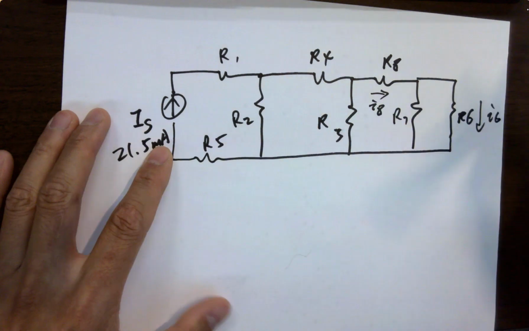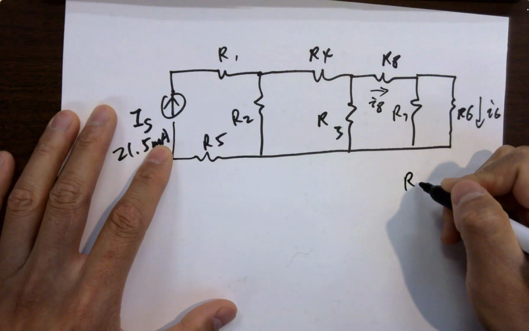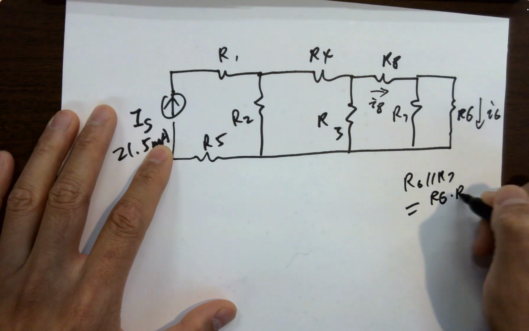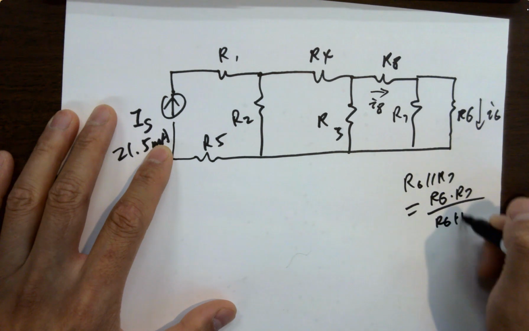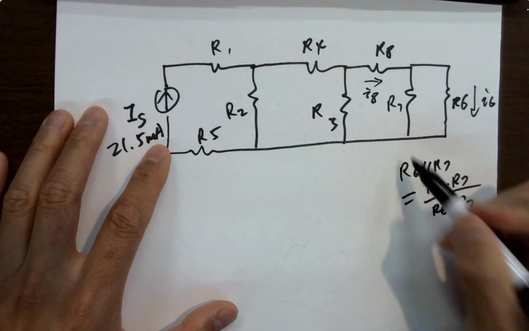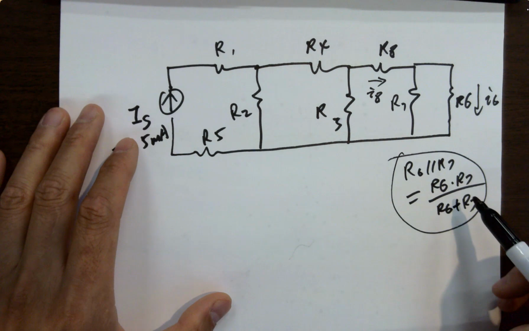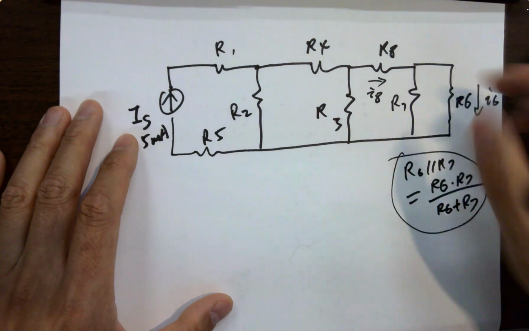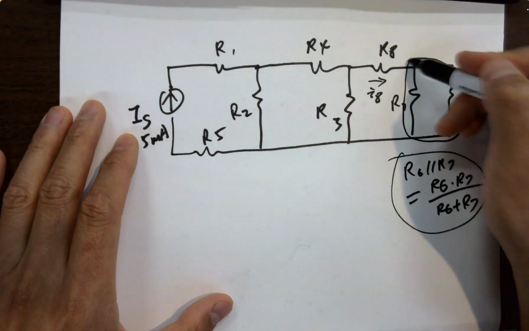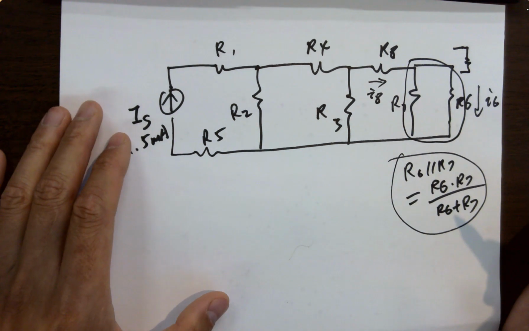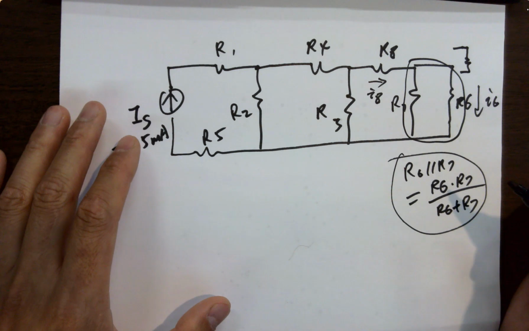It's R6 in parallel with R7, which is R6 times R7 over R6 plus R7, right? You have used this one many times. So you just combine these two, you got one resistor. Okay, got one resistor. And what's next?